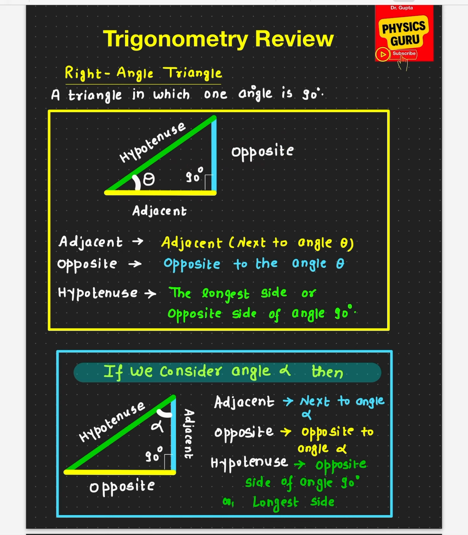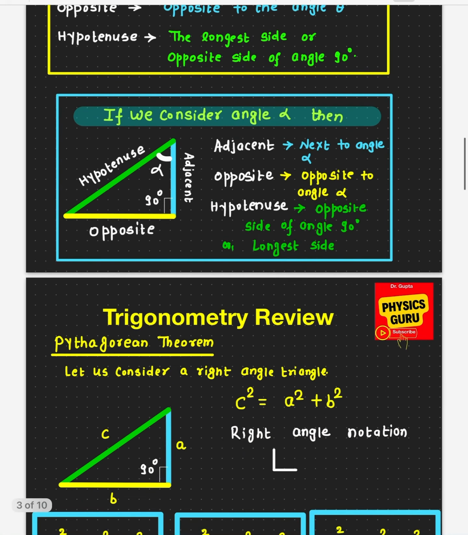So for example here, if we consider this angle alpha in the right angle triangle, then the opposite of this angle will be this side. So this will be the opposite. And next to this angle is this side, and we call this the adjacent. And the opposite of the 90 degree angle is this hypotenuse here.